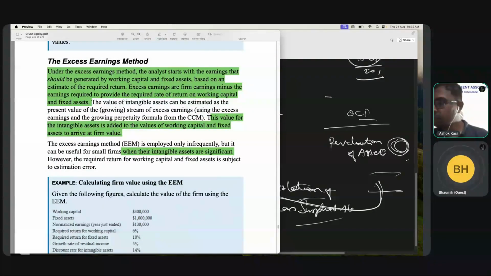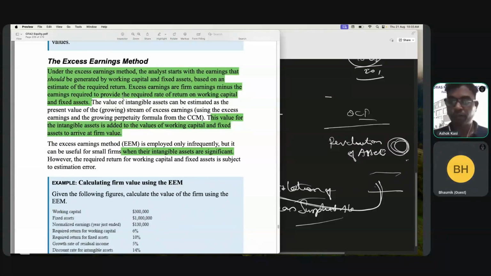See, under the excess earning method, this is another method. The analyst starts with the earnings that should be generated by working capital and fixed assets based on estimates of the required return. Excess earnings are earnings minus the earnings required to provide the required rate of return on working capital. That means a private company will be making a lot more profits than what is required.